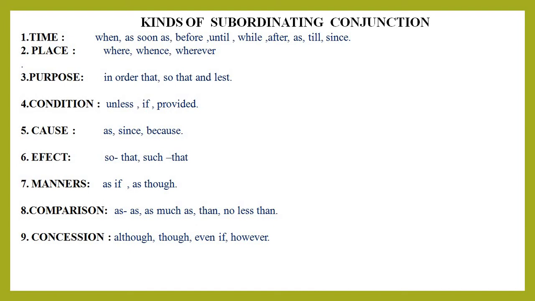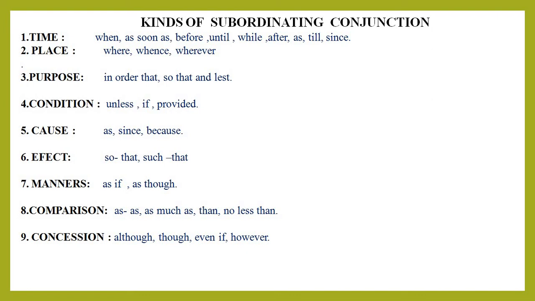Effect-showing conjunctions are so that, such that. Manner-showing conjunctions are as if, as though. Comparison-showing conjunctions are as much as, than, no less than, etc. Concession: concession-showing conjunctions are although, though, even if, however, etc.